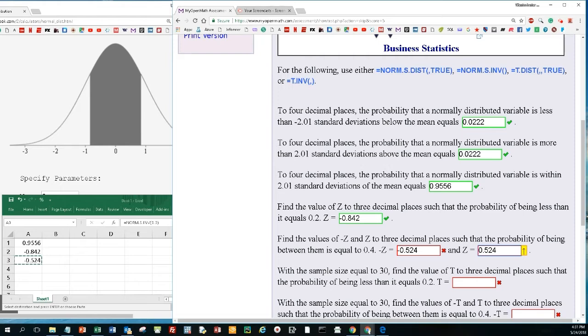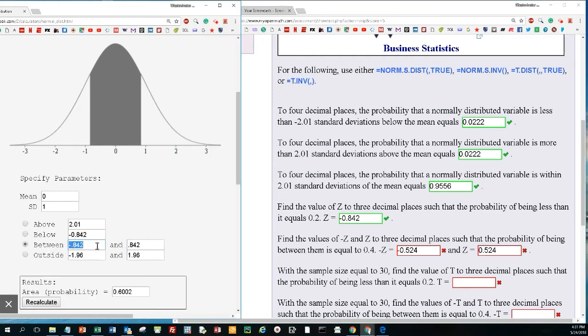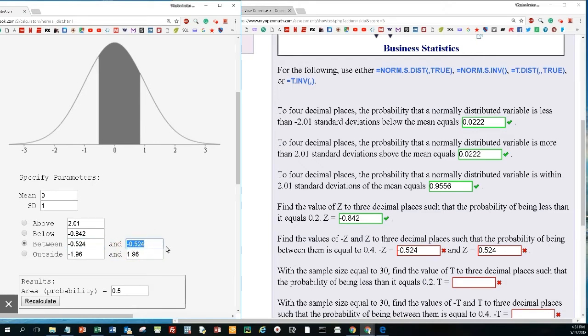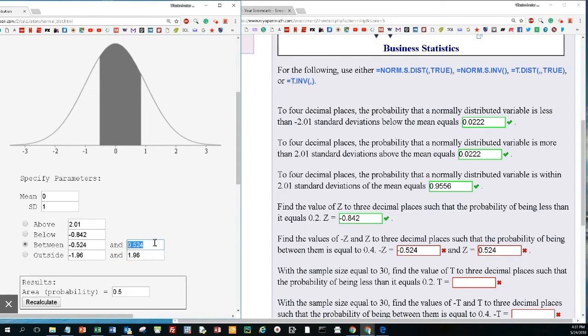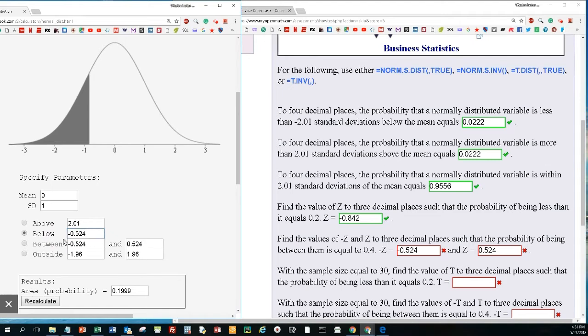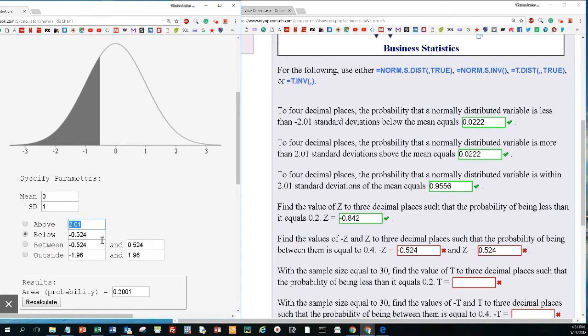Let's go back here and try to figure out what's going on wrong with this. This is given an area of 0.5. Let's go up here below. Now this is weird because this is 0.3.